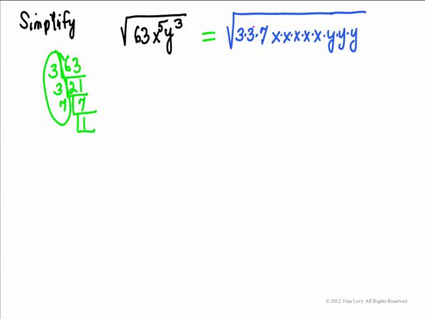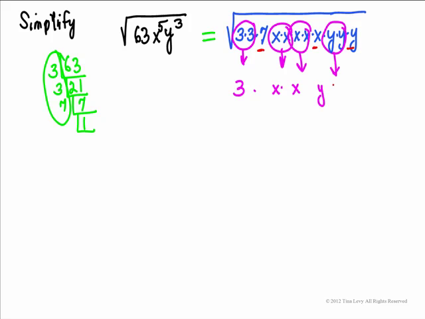So now what comes out of jail, for each pair that breaks out of jail, you have a 3, you have an x, you have another x, and you've got a y. However, what's stuck under jail that isn't paired has to stay there. They didn't have enough power to break out of jail. So left under jail is a 7, an x, and a y.